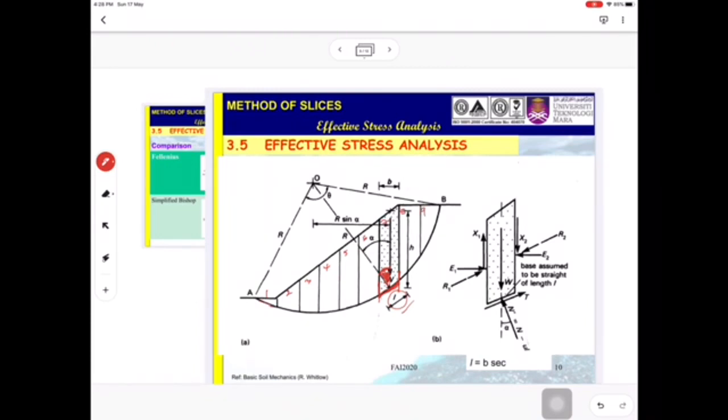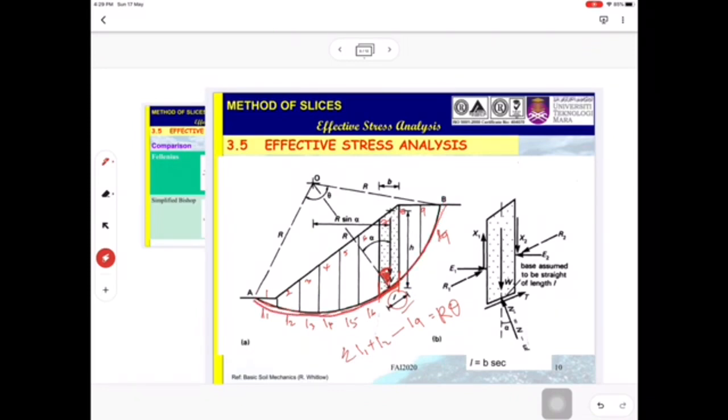So you will have L1, L2, L3, L4, L5, L6, and so on until L9. The summation of all L1 until L9 is equal to R theta, which is the outline of AB.